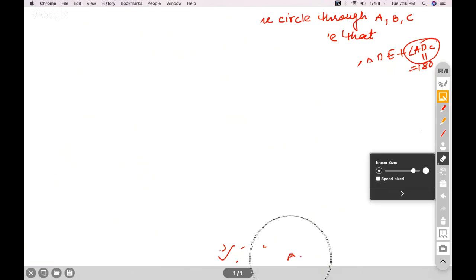Let me move to triangular inequality. So let me solve a few questions from triangular inequality. I'm making a triangle for you.